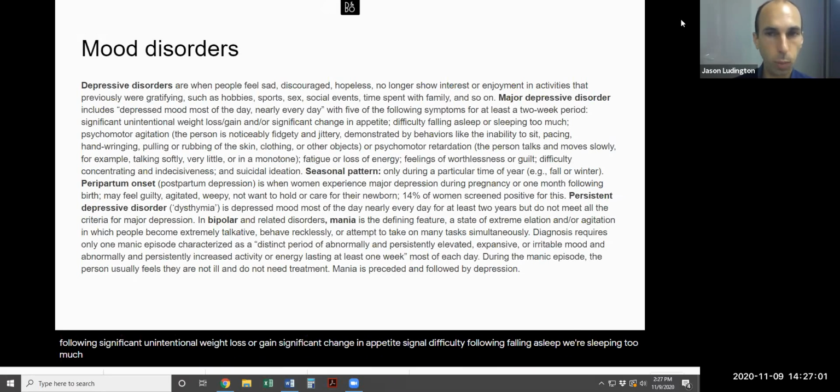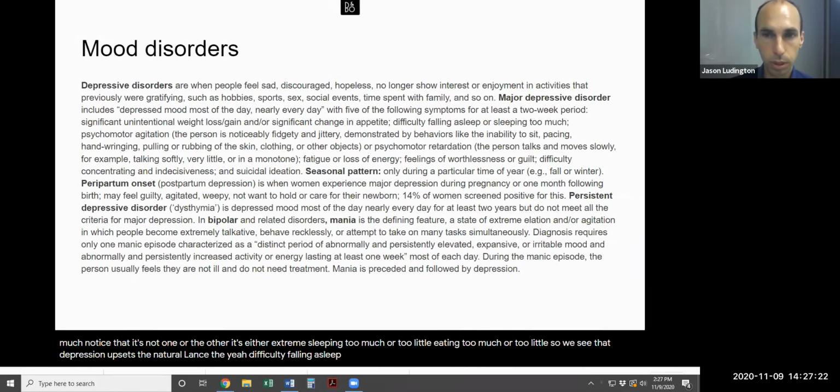Notice that it's not one or the other, it's either extreme. Sleeping too much or too little, eating too much or too little. So we see that depression upsets the natural balance.